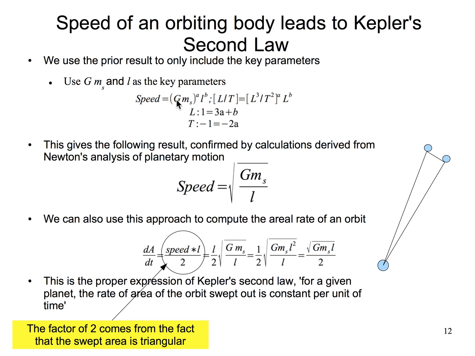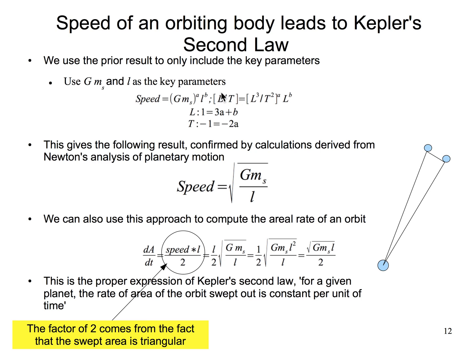All these things have units, which we'll look at in a second. Speed has the units of distance over time. There it is. Gravitational constant times mass: if you look up the units of Newton's gravitational constant, you'll find that it has mass in the denominator. So this product has the units of L cubed over T squared. We raise it to the a power. The distance has units of length raised to the b power.